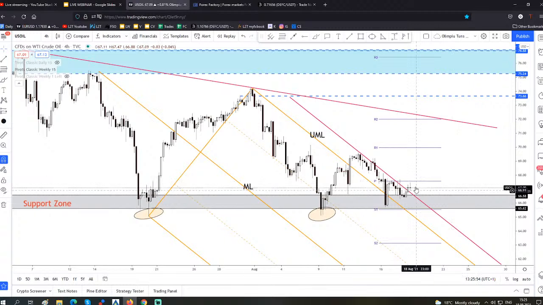So maybe we'll have to wait for a valid breakout above it, maybe for the price to make a new higher high, maybe to jump also above 68.12 before maybe jumping higher, because right now here in the short term the US oil has printed something like a triangle pattern here, but I believe that maybe jumping and stabilizing above the weekly pivot point, also a new higher high, could maybe signal a potential further growth, also an upside breakout from this triangle.